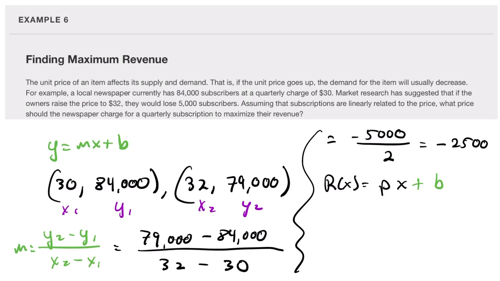Why do I feel like I'm getting two different... I guess we could just plug in one of them, right? So the revenue, the money generated. Number of subscribers is 84.